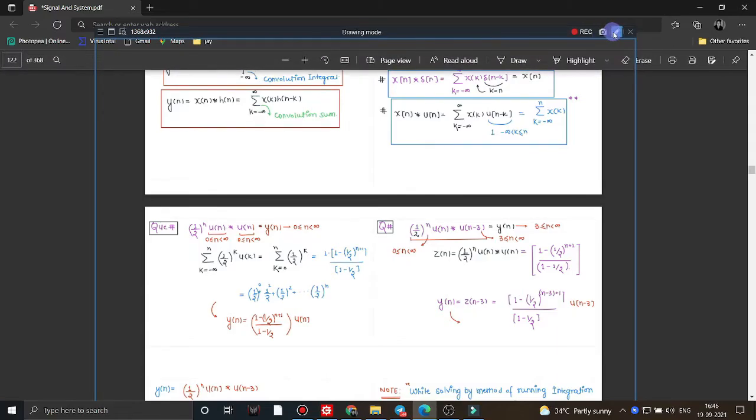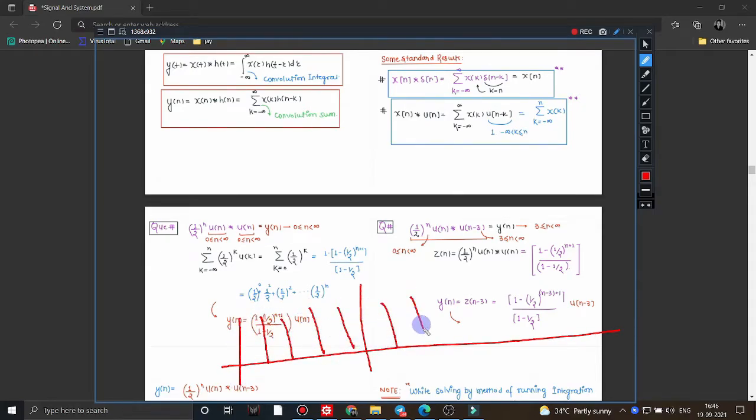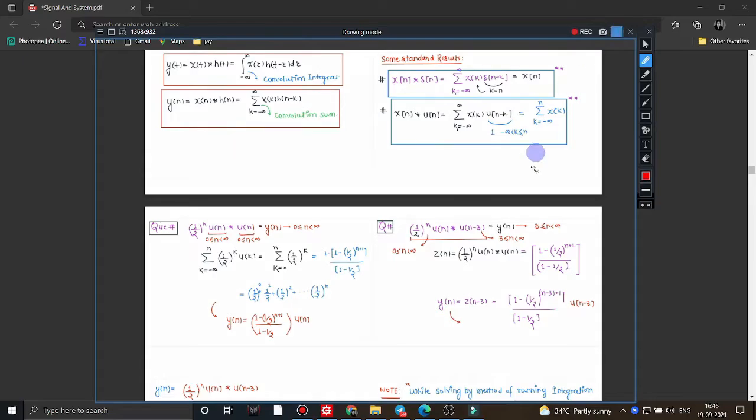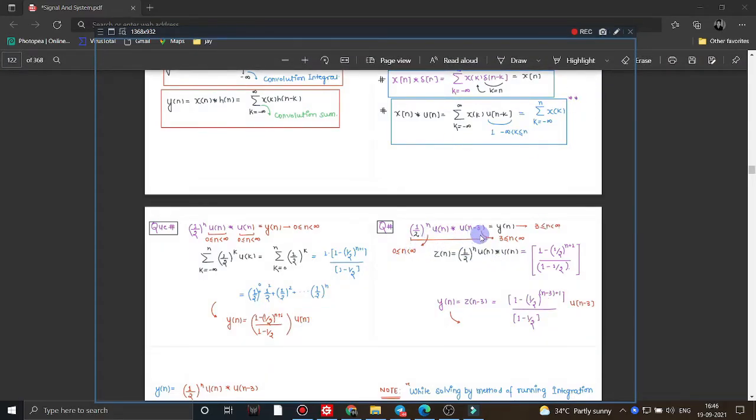If you see, (1/2)^n is a graph like this, and after multiplying with u[n], it is only the right side, all 1/2 powers. And u[n minus 3], you all know that. So the range of the first is 0 to infinity, and the range of this one is 3 to infinity. So the common area is 3 to infinity.